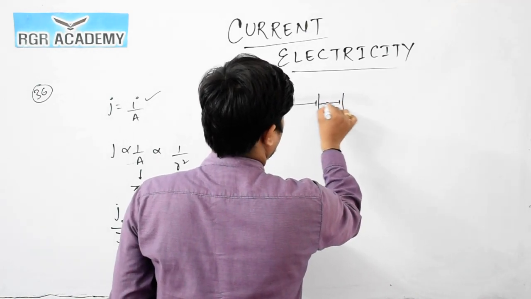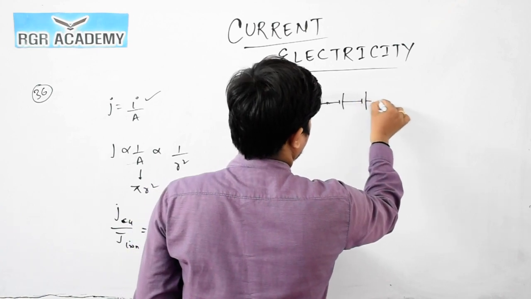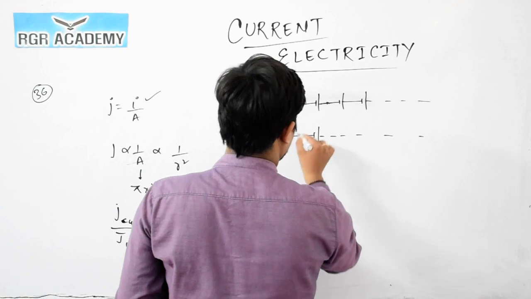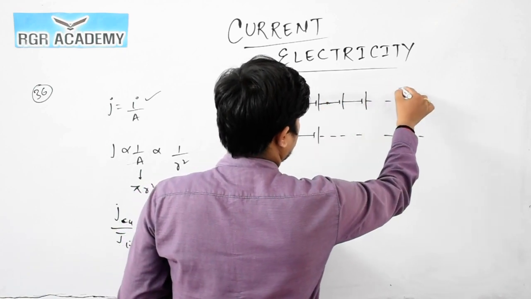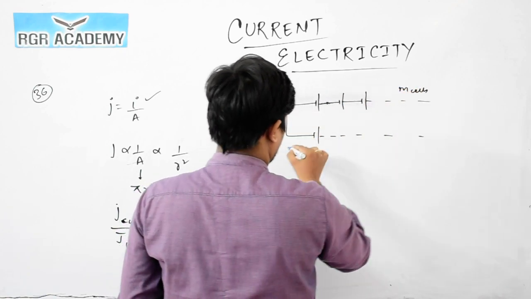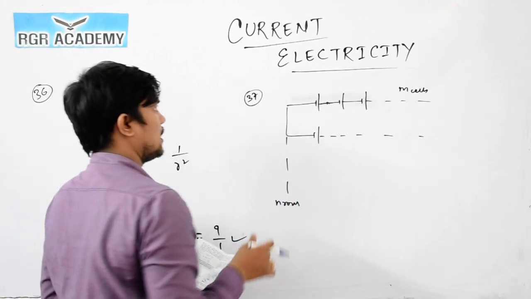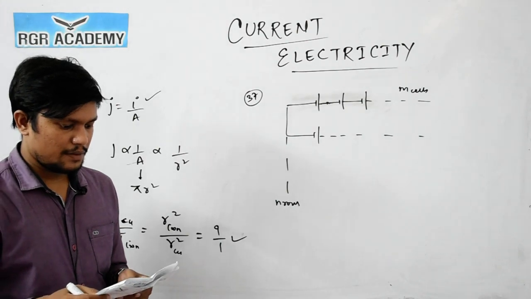The resistance is not given, so I will not consider it like this. So how many cells are there? M cells. And how many rows are there? N rows, like this. This is the rows.